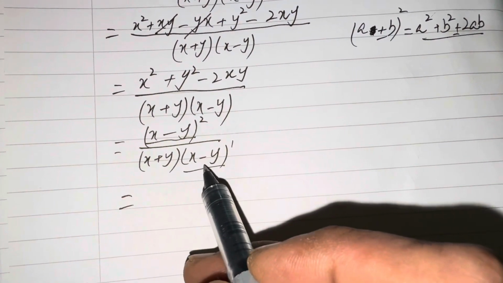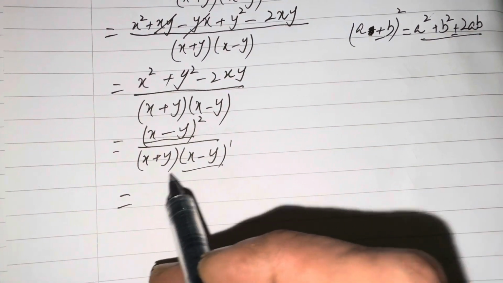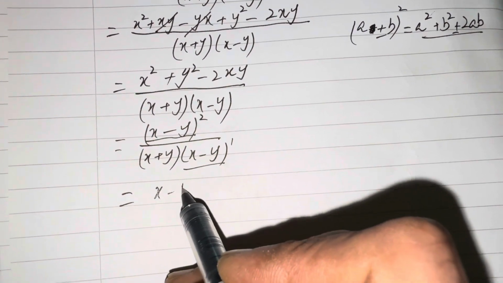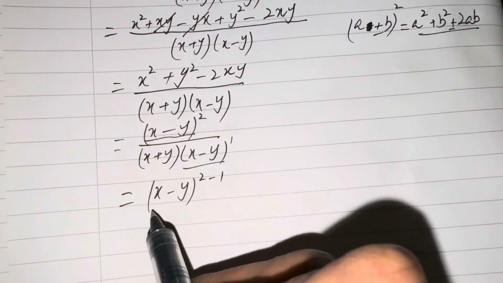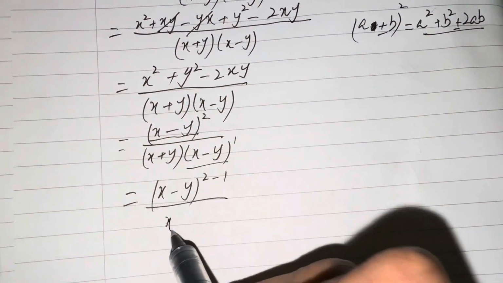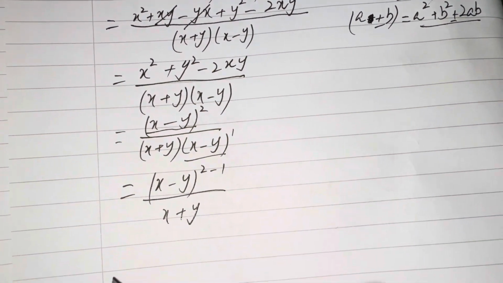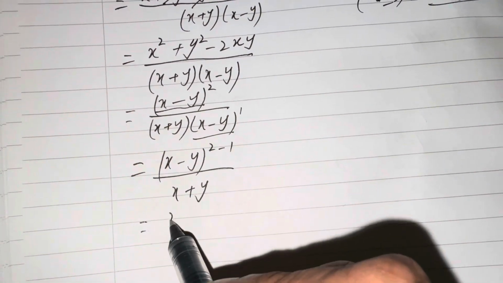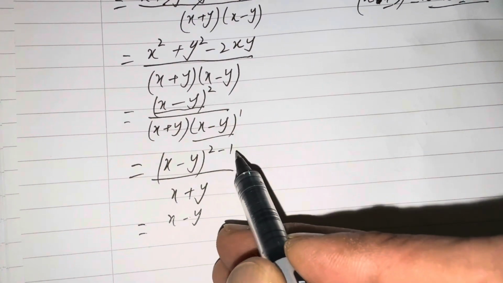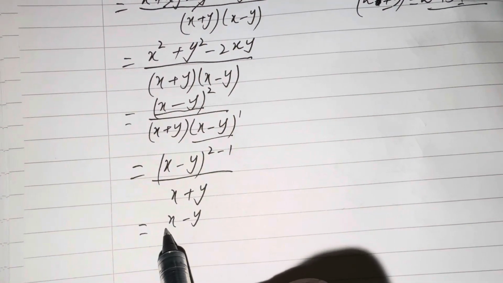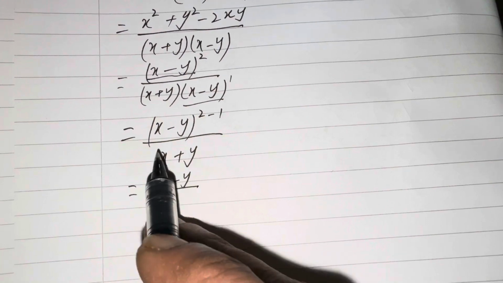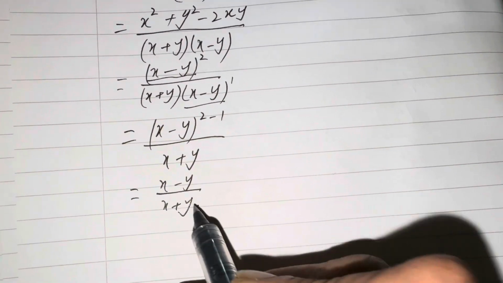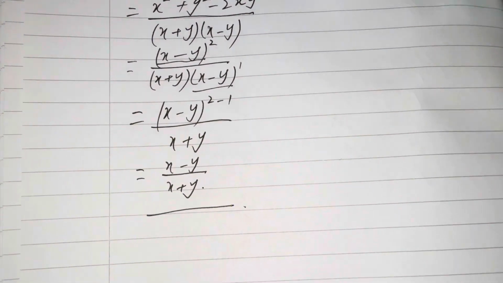So that can be written as x minus y raised to power 2 minus 1 divided by x plus y. So 2 में से 1 माइनस हो गया तो 1 रह गया पावर, वो हम लिखें या ना लिखें उससे कोई फ़र्क नहीं पड़ता. So x minus y divided by x plus y. So that's the answer.